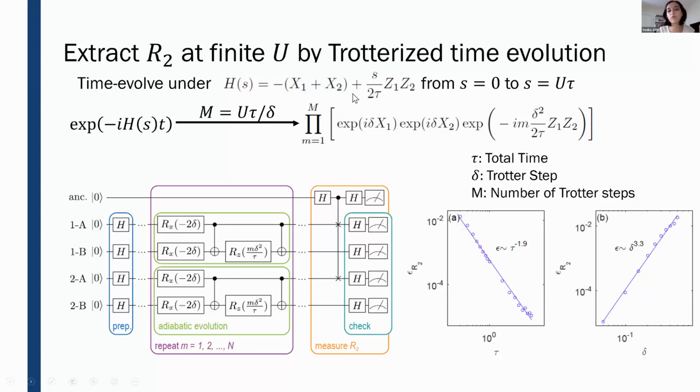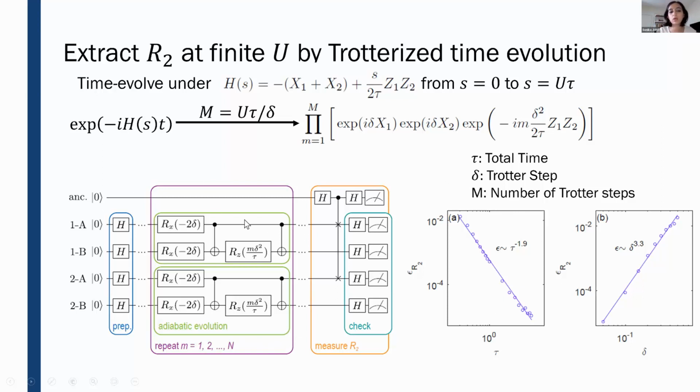But in order to time evolve under this, you have to do what's called Trotterization, and there's a Trotter parameter delta. As you increase delta, you reduce the number of gates you need, but you increase the error. Then the other error comes from what I would call digitized adiabatic evolution.